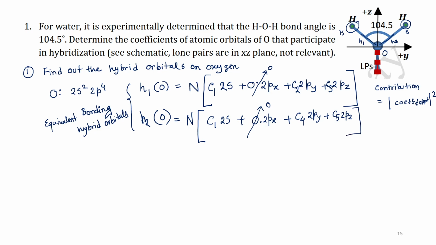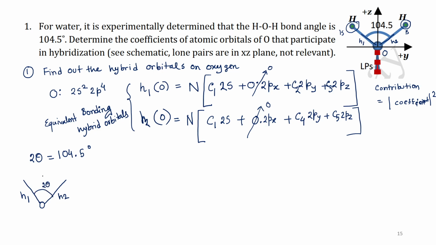Now we need to understand what the coefficients C2, C3, C4 and C5 are. As the angle is given, suppose the angle between these is 2 theta, and this 2 theta is 104.5 degrees. So this is H1, this is oxygen, and this is H2.